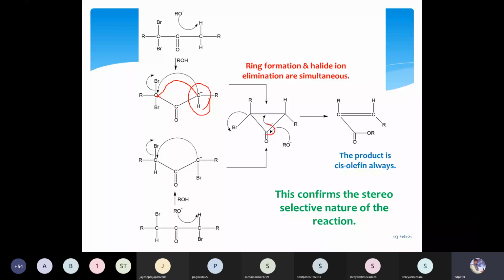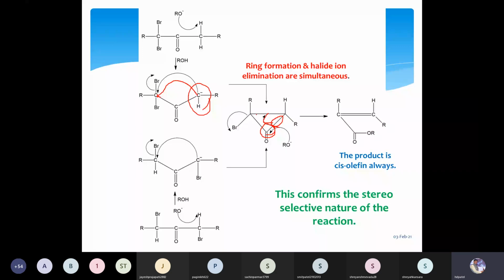First OR minus will attack on this position. Then the valency of this carbon becomes 5, which is not acceptable. So immediately this bond breaks, and when this bond breaks, both electrons will migrate to this position. As a result, a double bond will form.